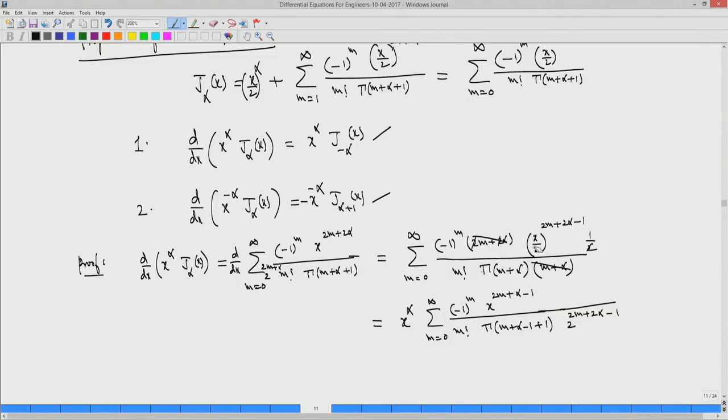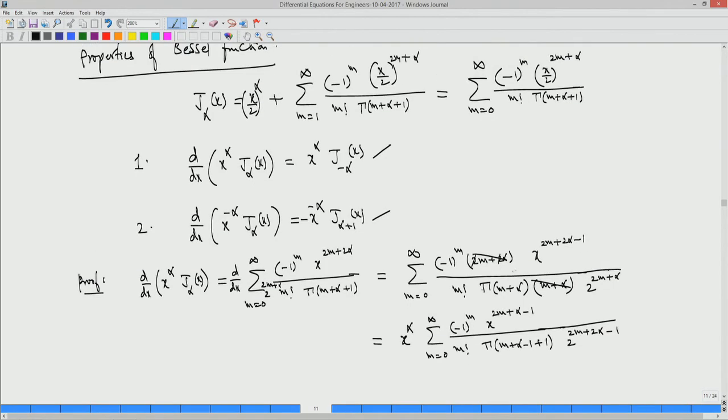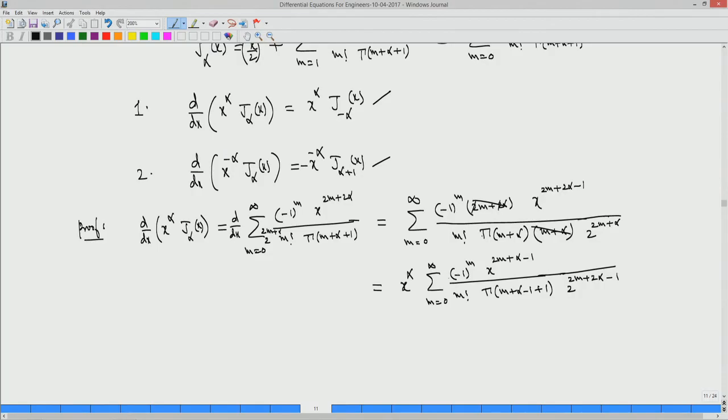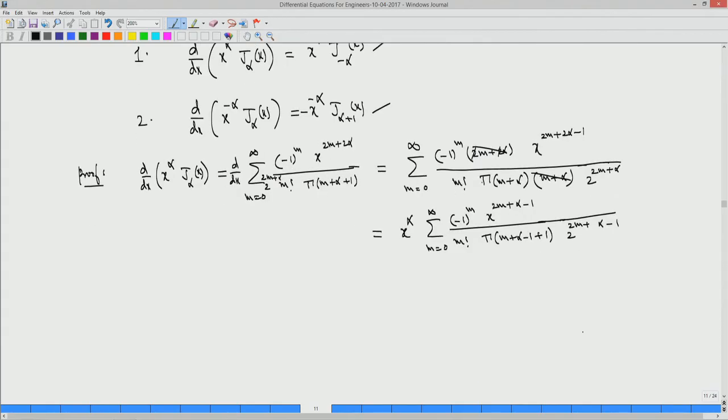So, if you differentiate here, 2m plus alpha, so minus 1. This is what you get, and you have 2 power 2m plus alpha. So, this is right. You take x power alpha out, you have this, and this you can write like this, 2m plus alpha. Okay, so this is it.